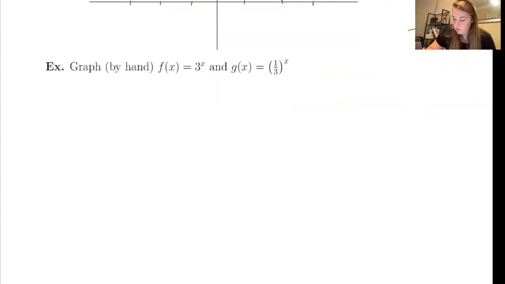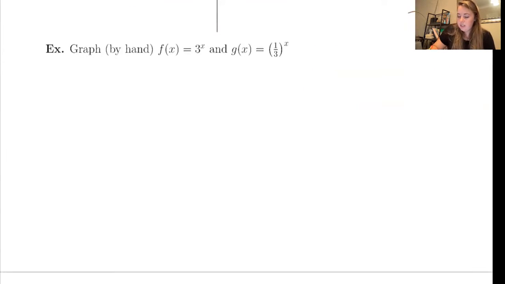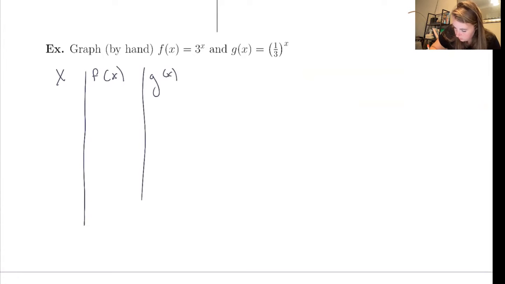So now we're going to graph by hand f of x equals 3 to the x, and g of x equals 1/3 to the x. We'll do x, f of x, g of x. Make a chart first.